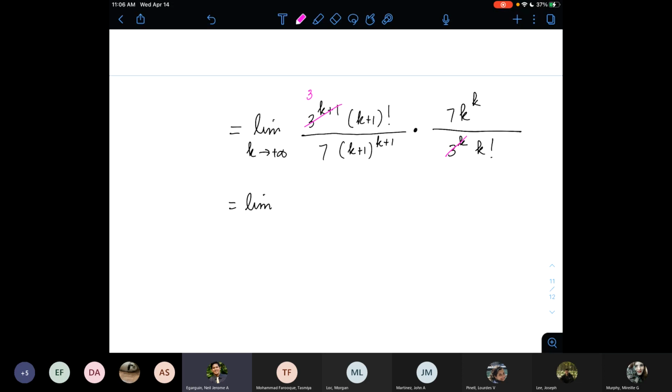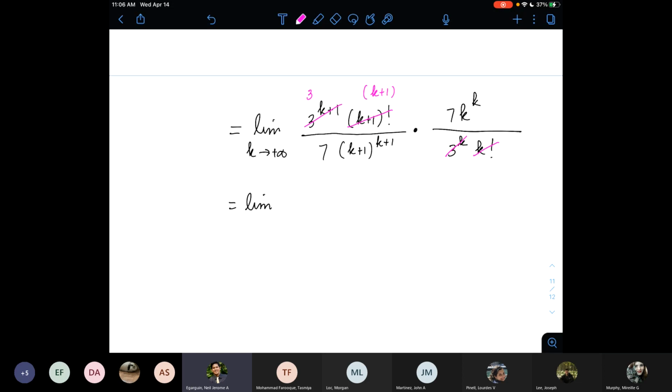And then some factors from the k+1 factorial will cancel the things from k factorial, right? Because again, k factorial is the product from 1 until k. K+1 factorial is the product from 1 to k+1. So after that cancellation, we'll have a k+1 left on the top, right?